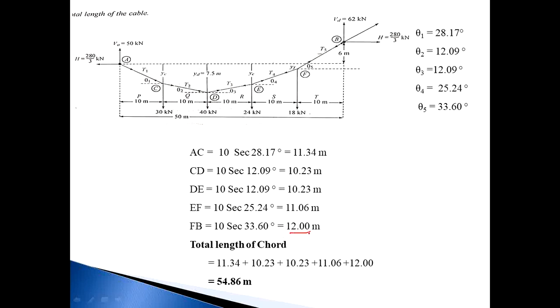So that value becomes 12 meter. So total length of cord is AC plus CD plus DE plus EF plus FB. So put all values: 11.34, 10.23, 10.23, 11.06 and 12. Summation of all these lengths, total length of cord is 54.86 meter. This is the solution for a suspension cable problem.